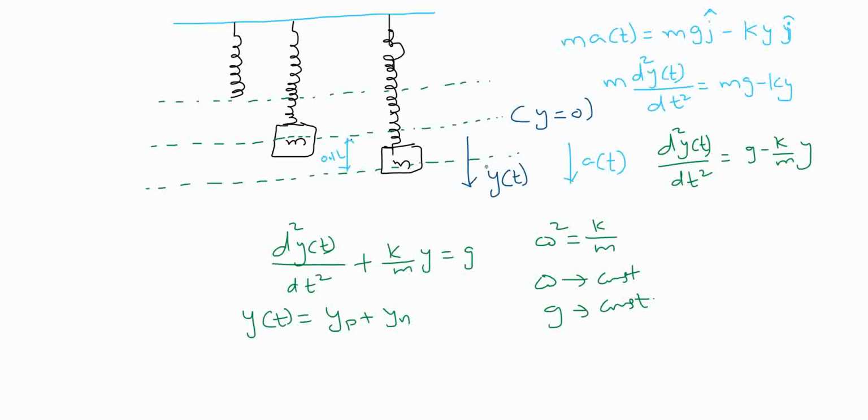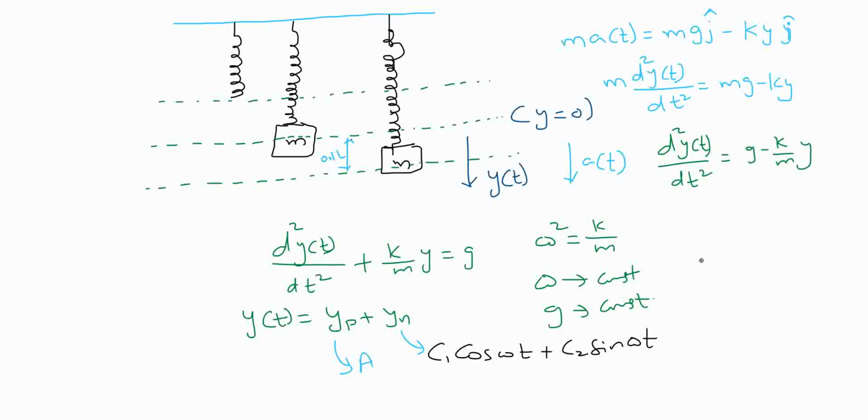So the solution for yp will be of the form simply another constant a, and for yn it will be c1 cos omega t plus c2 sin omega t, and we need initial conditions for this.